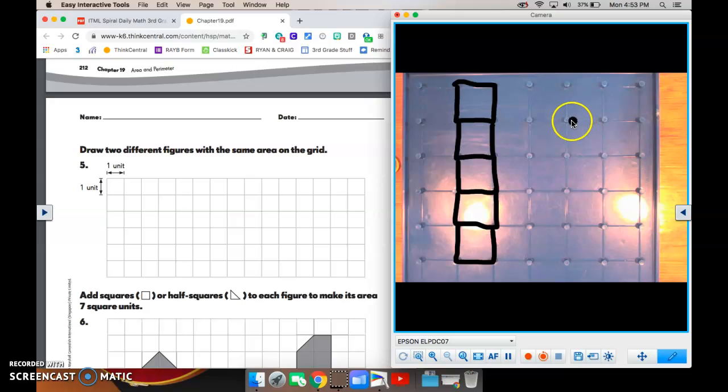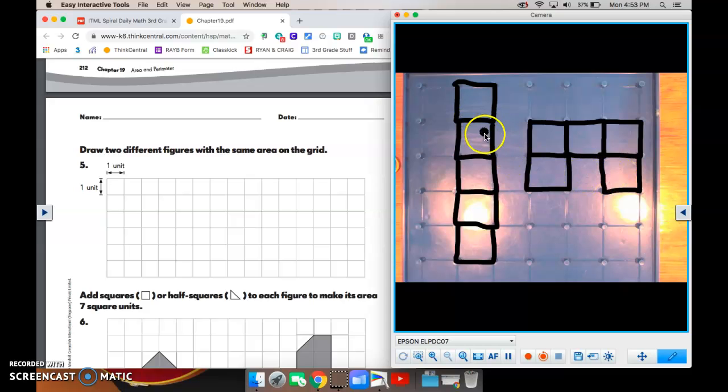So this figure has an area of 5 square units. There's 1, 2, 3, 4, 5. Okay, so again, there's an area of 5. 1, 2, 3, 4, 5, and 1, 2, 3, 4, 5. They both have the same thing.